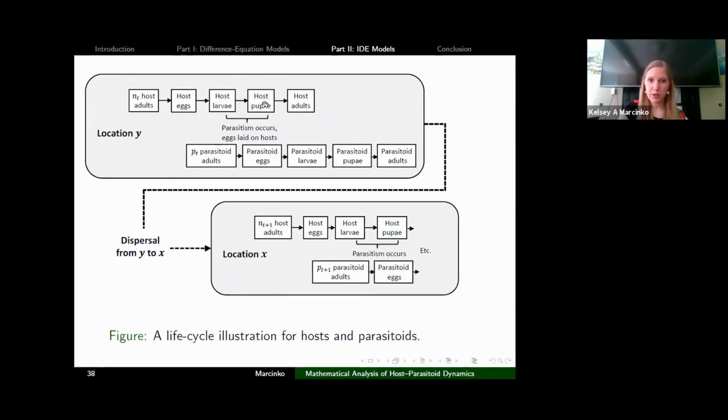So hosts to pupae, those that survive become adults, and it's the host adults that disperse from location Y to location X. Similarly, parasitoids at location Y will lay their eggs on the host. Those eggs become larvae, pupae, into adults, and it's the adults who disperse from Y to X. And in the next generation, things occur again at that location, demonstrating the sequential nature of those steps.